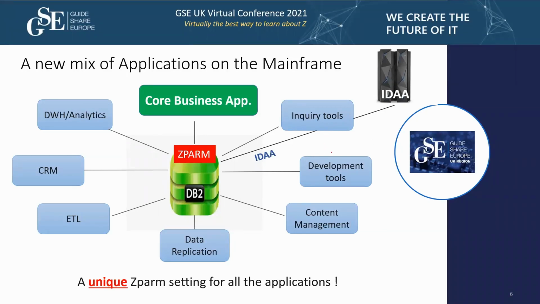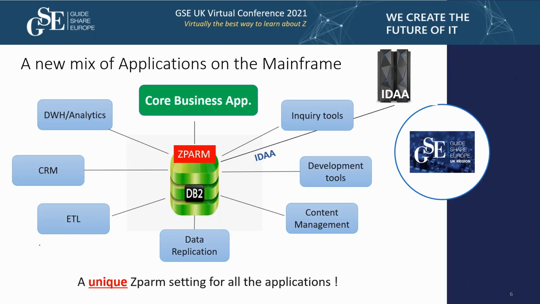Connections coming from inquiry tools, development tools, content management databases. We have data replication processes that want to connect to Db2 as well. Connections from ETL or CRM applications. So a lot of different applications want to connect to Db2.